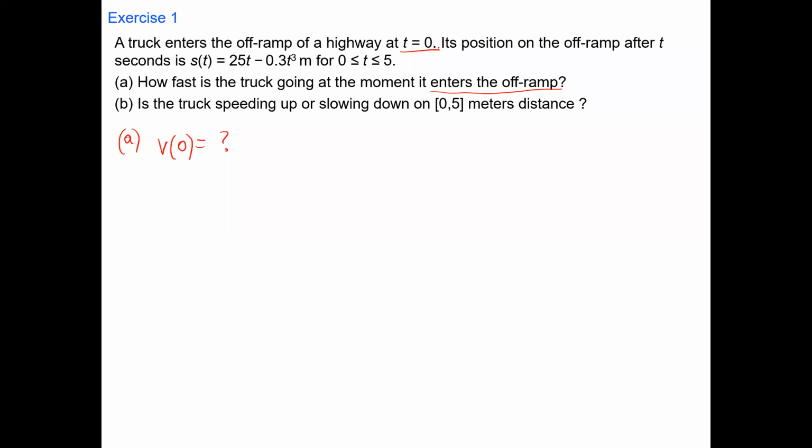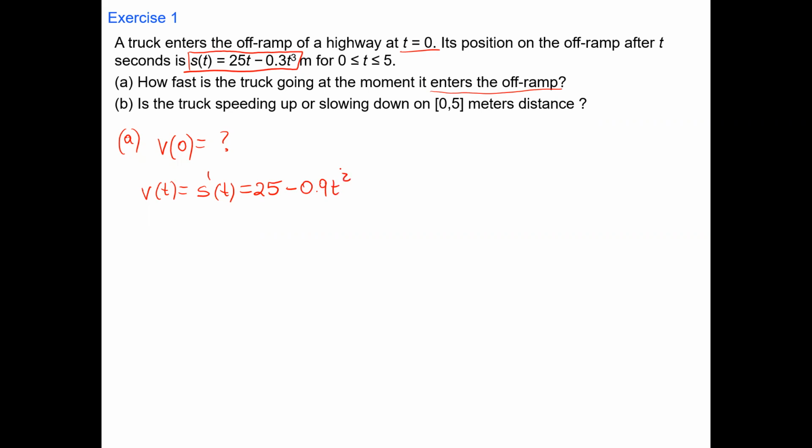First of all, we have to figure out the velocity. Velocity is, of course, the derivative. Let's compute the derivative of the position function. This is the position function, a third degree polynomial. The derivative of 25t is 25, minus 0.3t cubed gives 0.3 times 3, 0.9t squared.